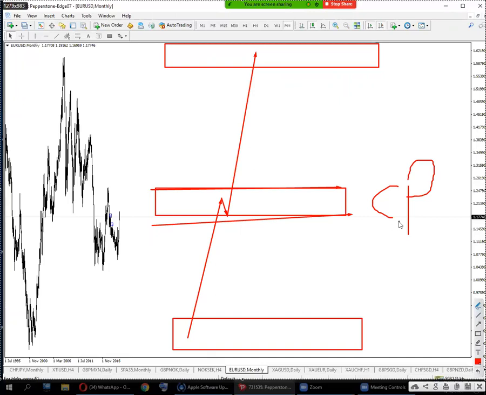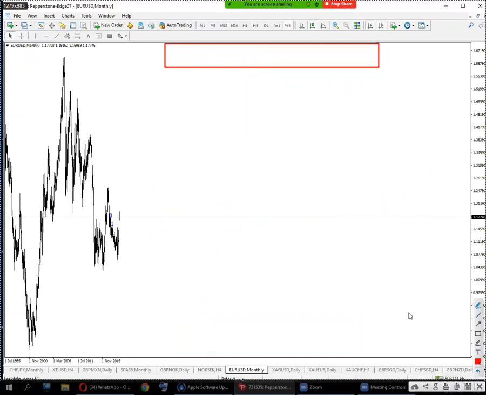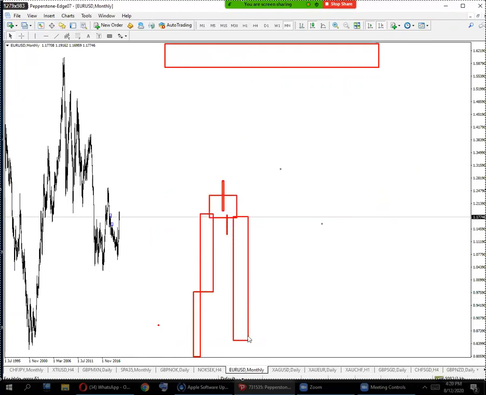Continuation. CP level simply: for example, we have the destination and we want to set the TP level there, and the market will make CP levels. It means a rally base rally. If the market drops, we call this one a supply level.